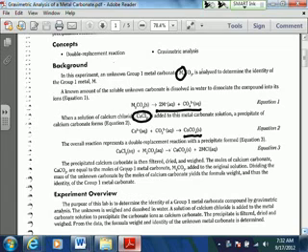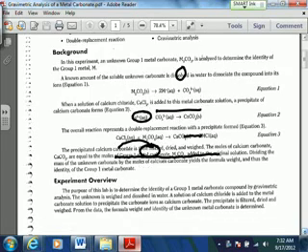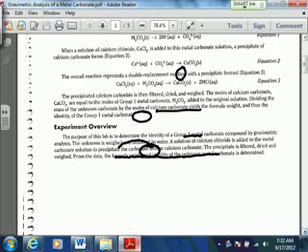And then, because we know that this is basically a double replacement reaction where the calcium is going with the carbonate to make a solid, we can actually write a balanced chemical equation for this, and we can figure out the molar mass of this, okay? And once we figure out the molar mass of that, then we can compare it to the molar mass of the things in group 1 on the periodic table, and we can figure out exactly what this is, okay? So that's the basic idea there.